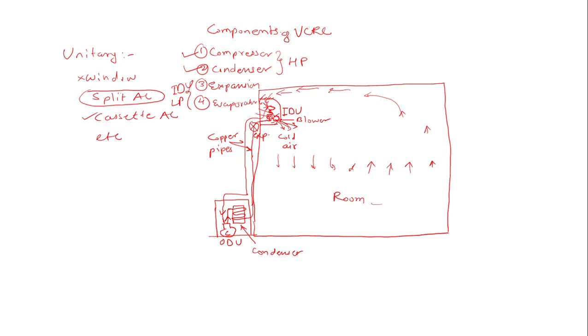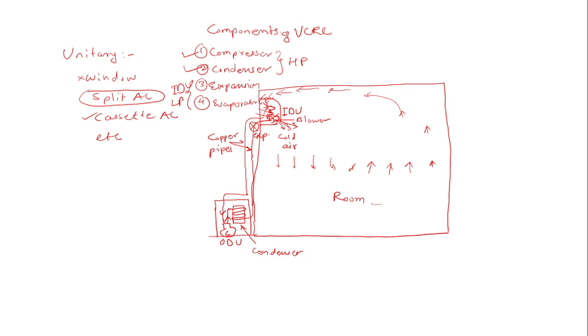Because of the air passing over the cooling coil, the refrigerant flowing in the evaporator coil will have a far lower temperature than this warm air. Because of this temperature difference, heat transfer takes place between the air and the refrigerant.